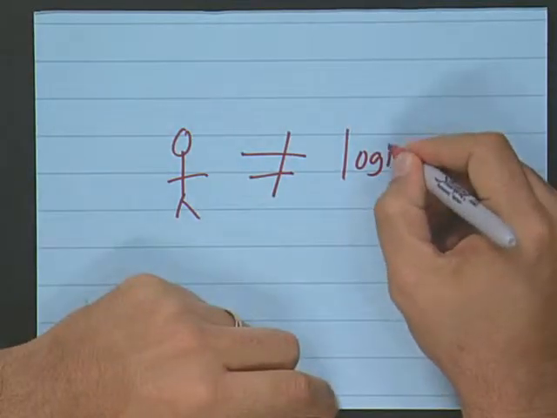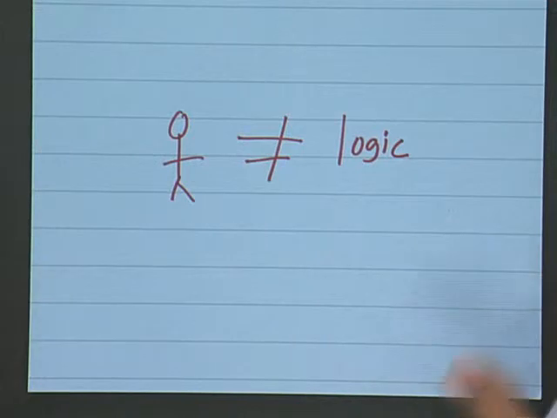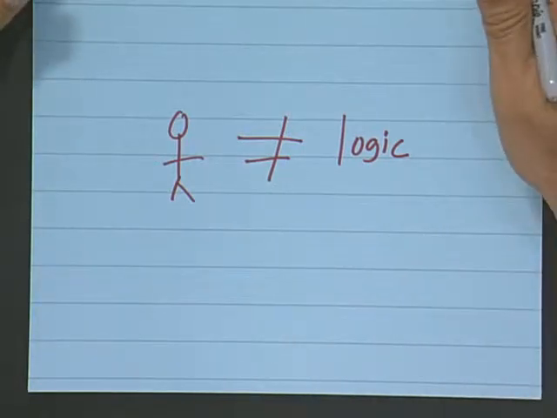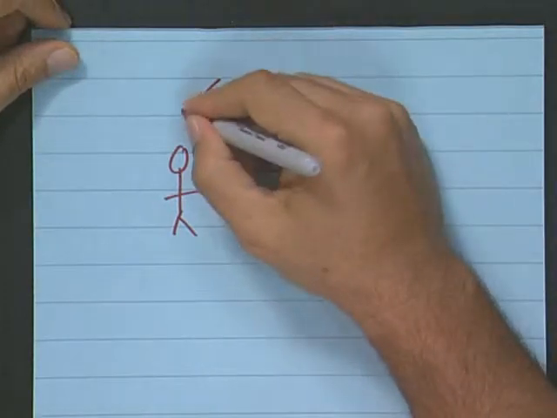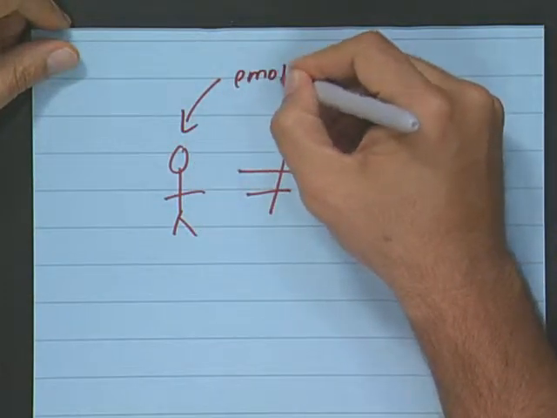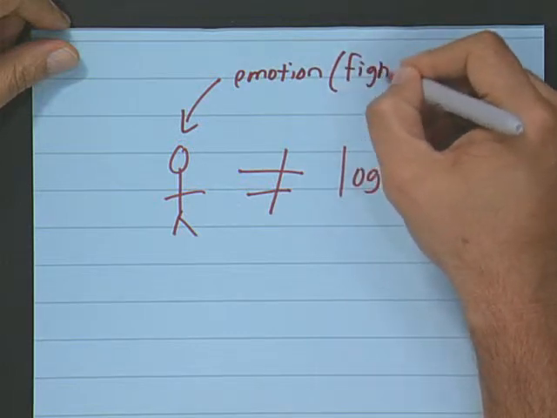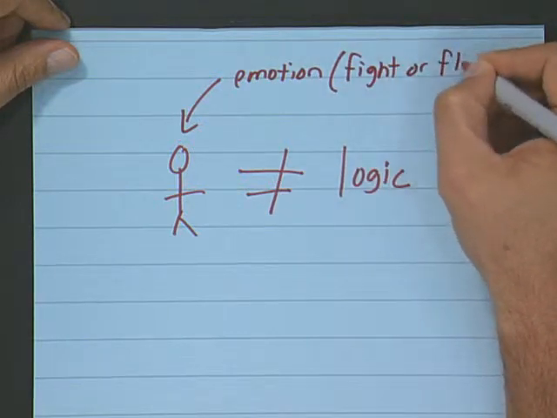Excuse me. Users are not good at logic. Okay? We were not designed this way. Users are really good at emotion, for example, fight or flight.